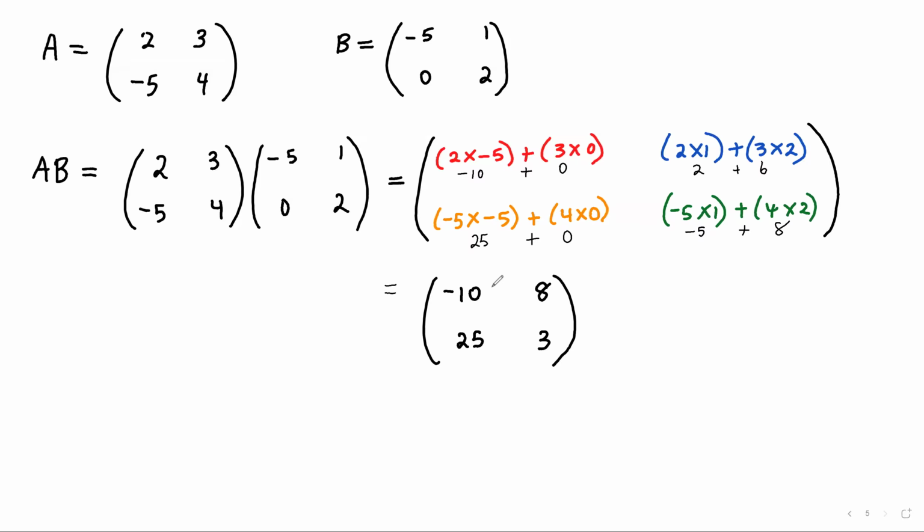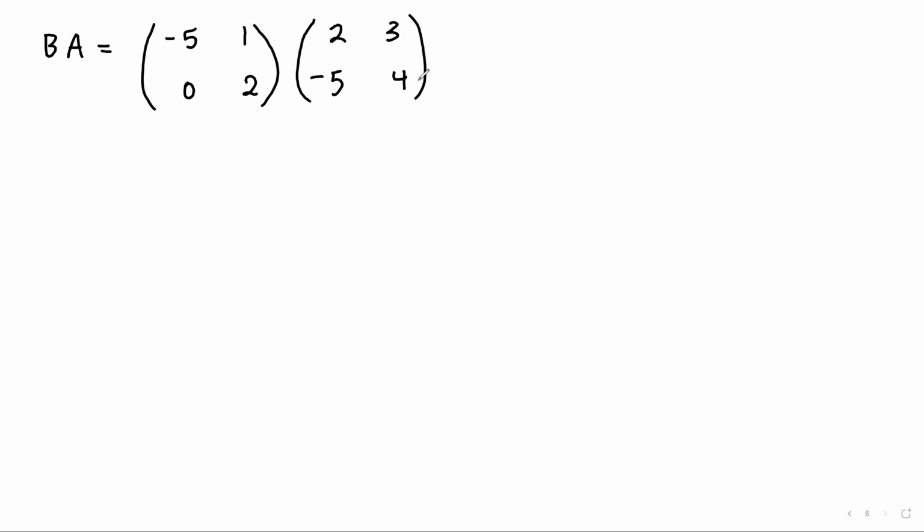So on the next page now, let's do B times A. B was -5, 1, 0, 2. And then A is 2, 3, -5, 4. All right. So multiplying, I will get, let's go.